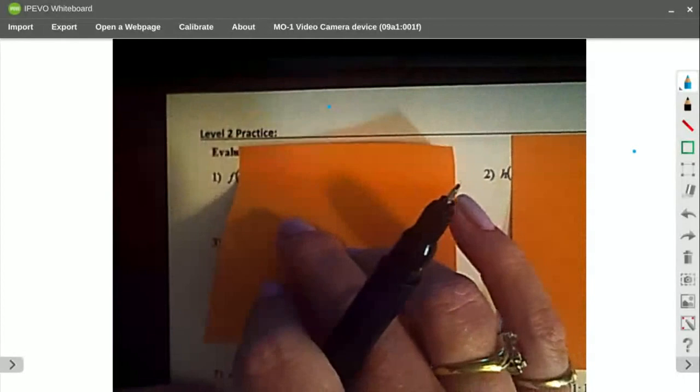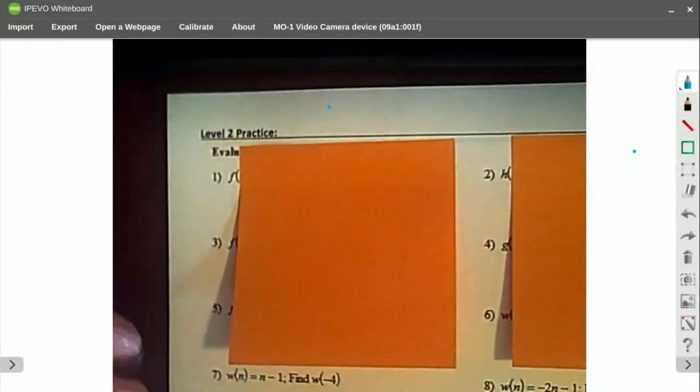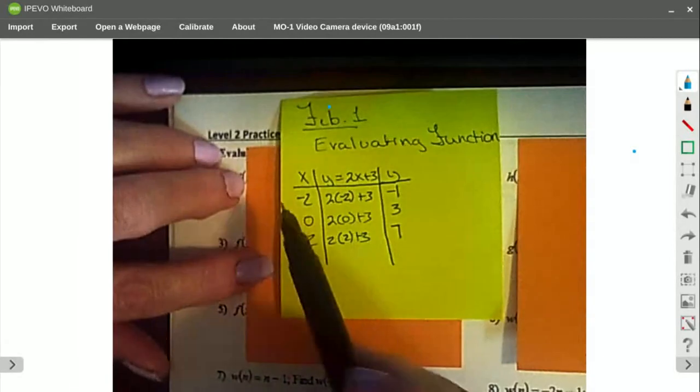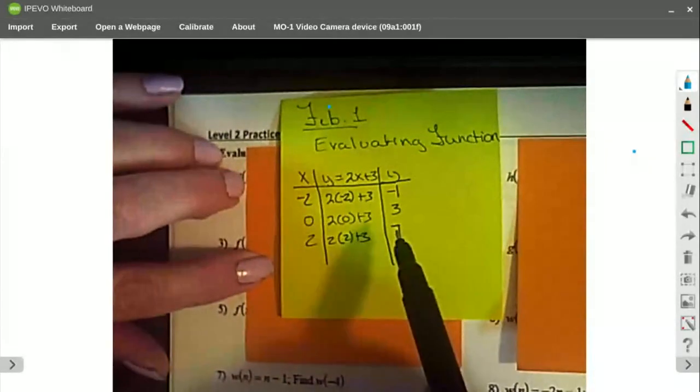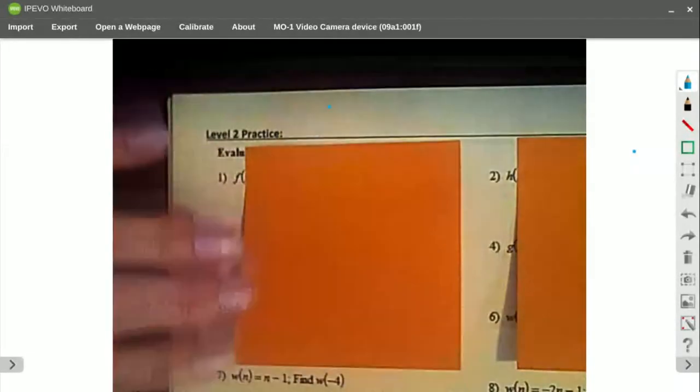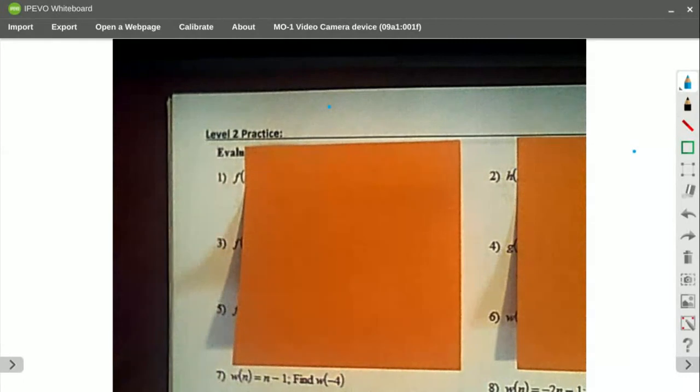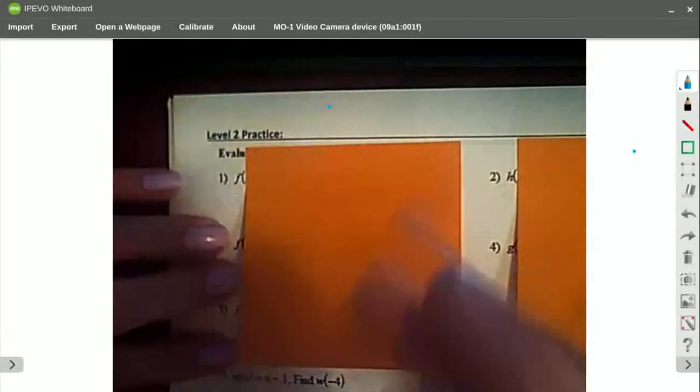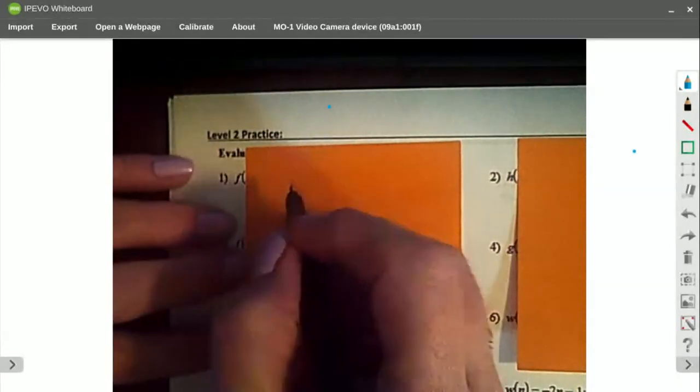So you notice that when we put in a new x, I changed my x and that changes my y, right? So x is the guy that's in charge. X kind of controls the y.